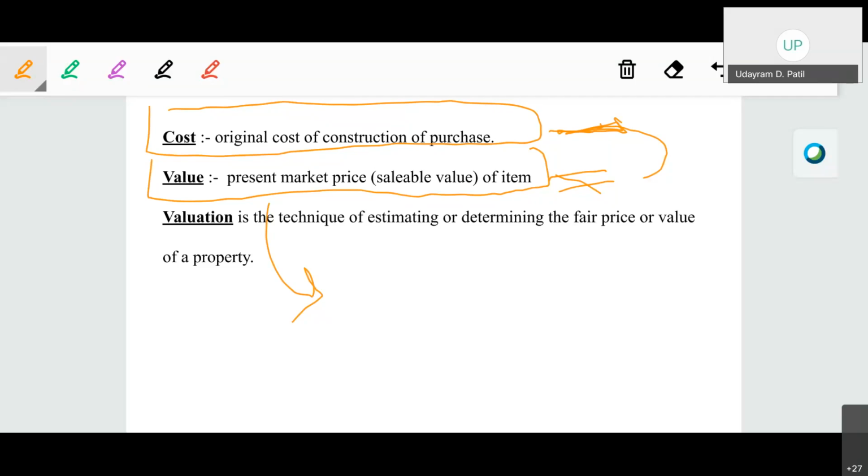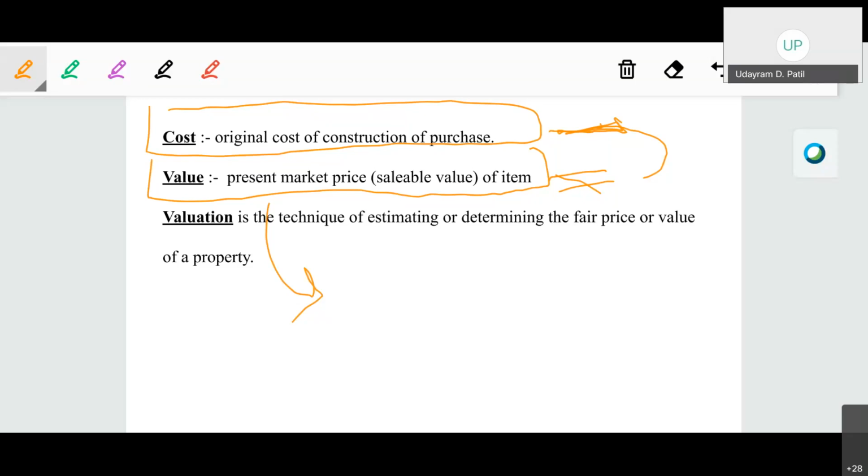Whereas for the market value, suppose the cost incurred to build the building is 10 lakh rupees, and the current sellable value of that building is, say, 12 lakh rupees. In 6 months, that value might deteriorate. After 6 months, I might not be able to sell that building for 10 lakh rupees; the buyers may ask for just 5 or 8 lakh rupees.